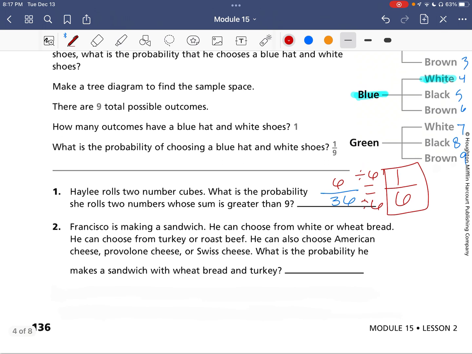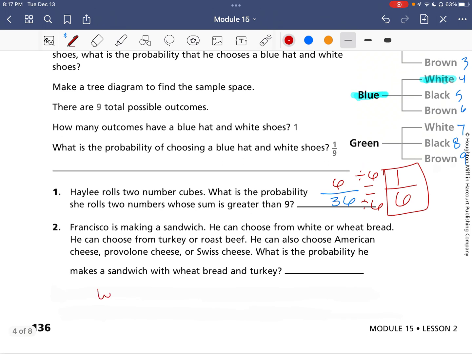So we have our white and we have wheat, and then we have turkey and roast beef. And we're going to have the same combination over here. And then our cheese.